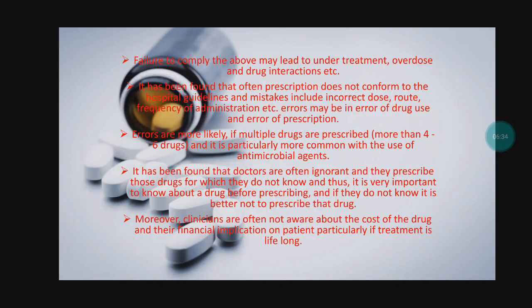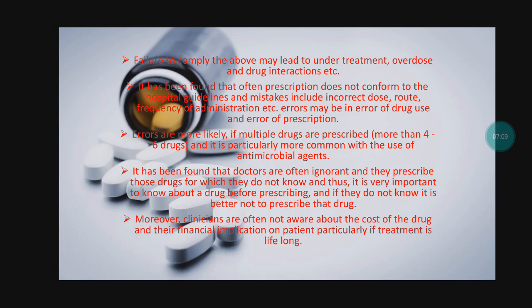Failure to comply with the above may lead to undertreatment, overdose and drug interaction. It has been found that often prescriptions do not conform to hospital guidelines, and mistakes include incorrect dose, route, frequency of administration, etc. Errors may be errors of drug use and errors of prescription. Errors are more likely if multiple drugs are prescribed, more than 4 to 6 drugs, and are particularly common with antimicrobial agents.